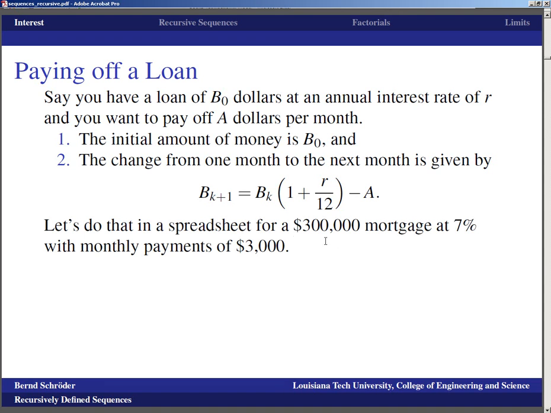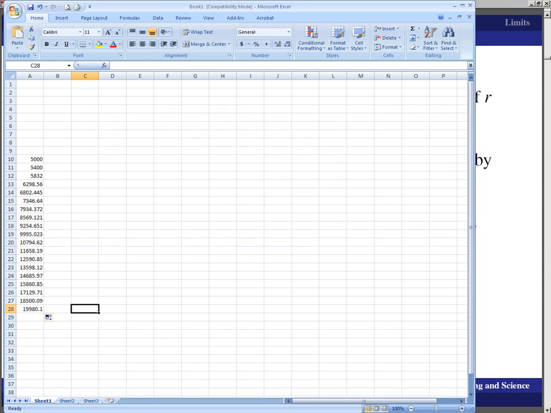So let's take a look at that in a spreadsheet for a $300,000 mortgage at 7% with monthly payments of $3,000. This is somebody who certainly has larger financial means than I have. The principal is the same thing as what we had before.